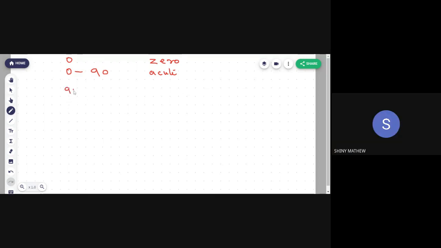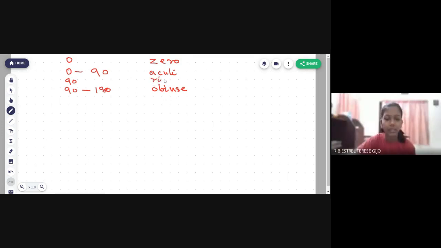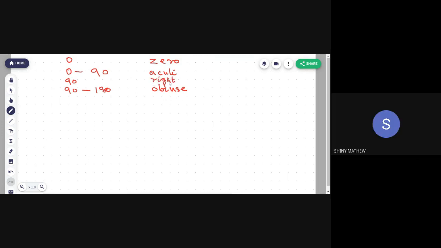Then if the measure is between 90 and 180, what is the name? Obtuse angle. If the measure is 90, then we call it a right angle.